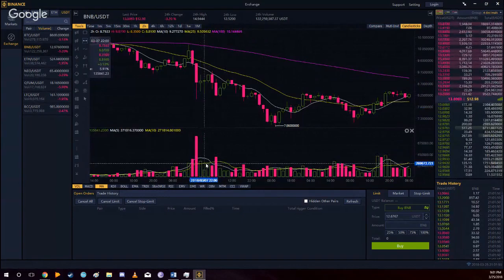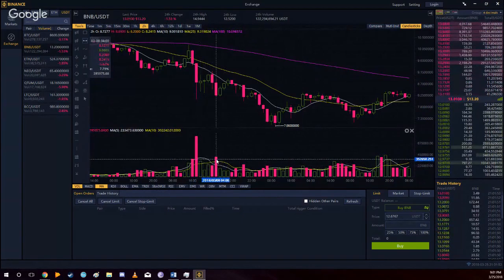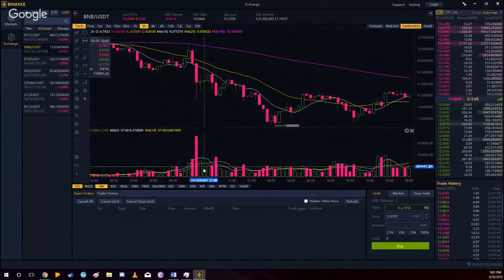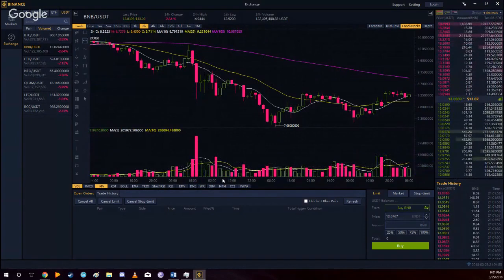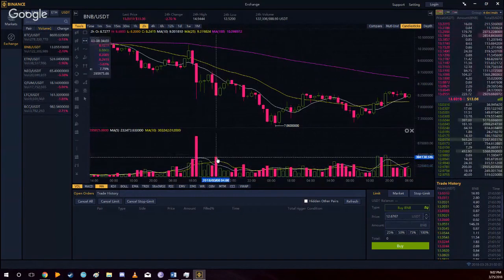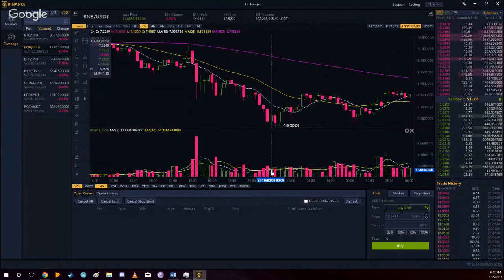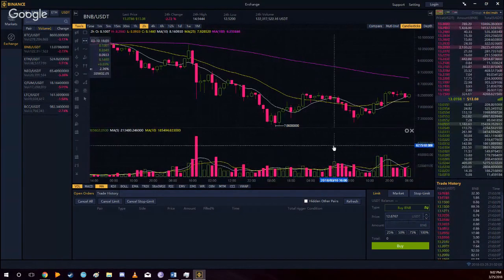Then buyers coming in and sellers doing it again with two big candles, bigger than the sellers. So when you notice that the sellers are having less and less volume and the buyers are making more and more volume, that means that buyers are coming in, that people are starting to have trust in that asset, and it may go up because of it.